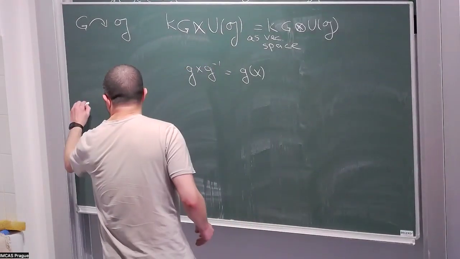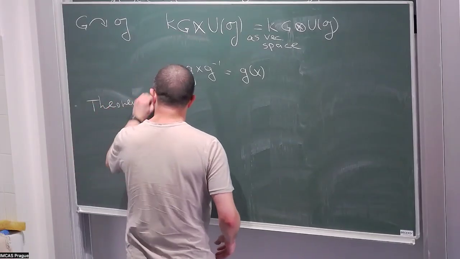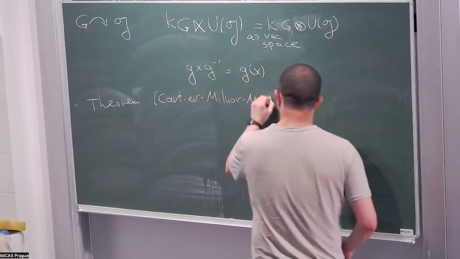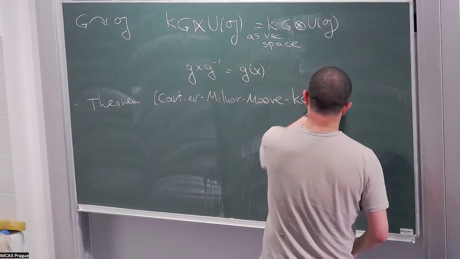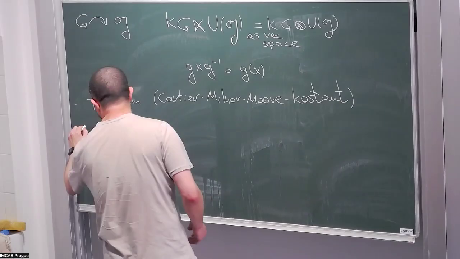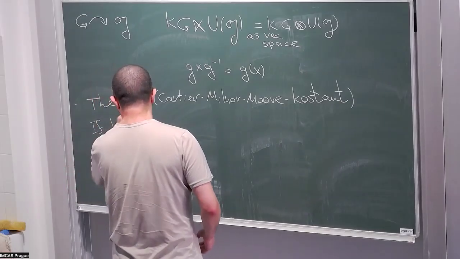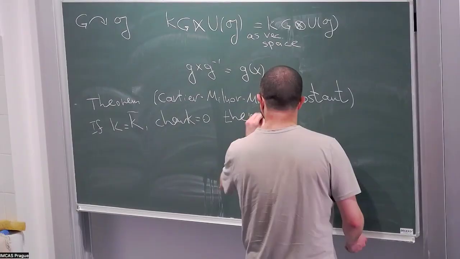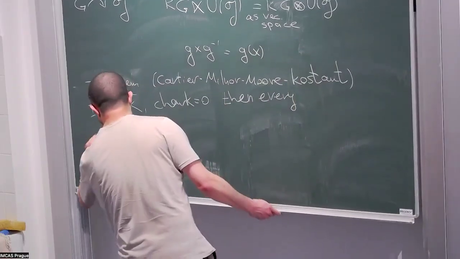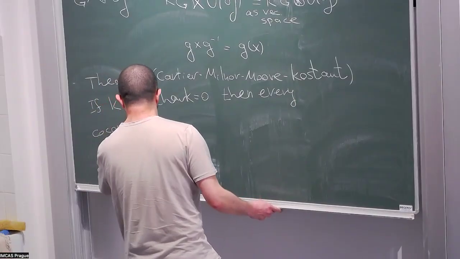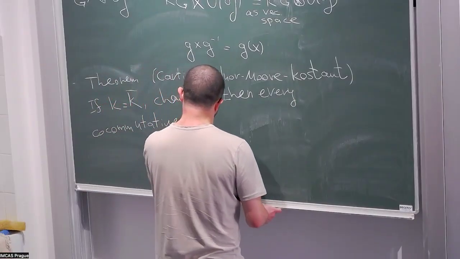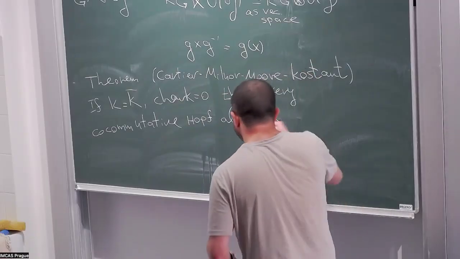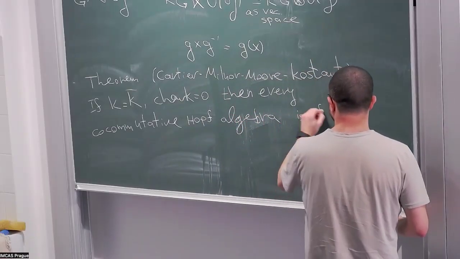Here is, for example, one classification theorem of Cartier, Milnor, Moore, and Kostant, which says that if K is algebraically closed and of characteristic 0, then every co-commutative Hopf algebra is of the form that I wrote there.